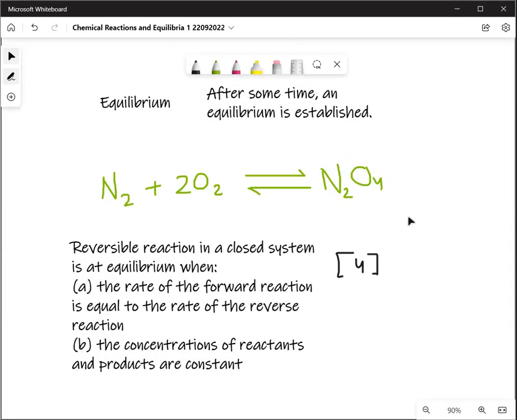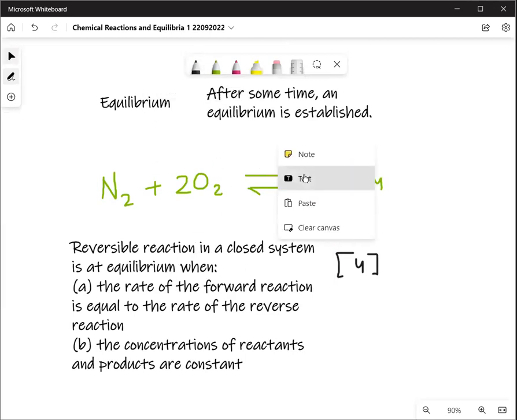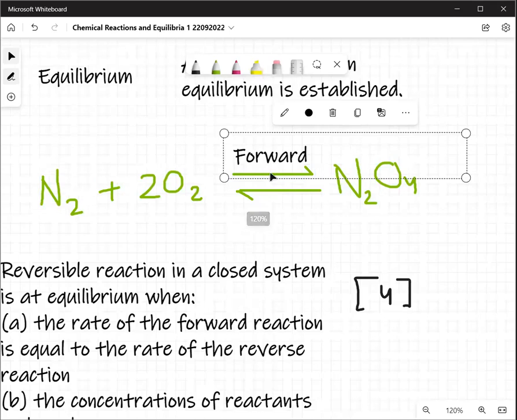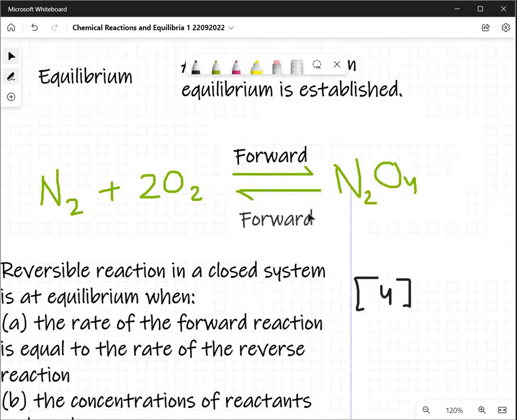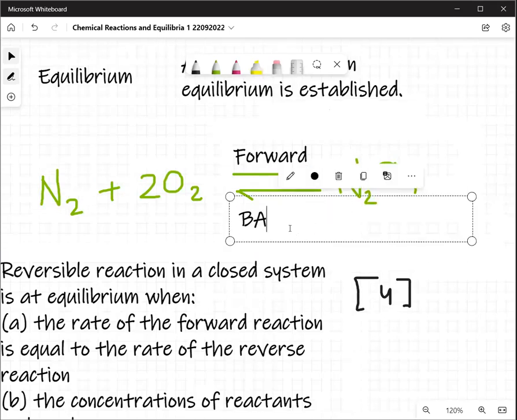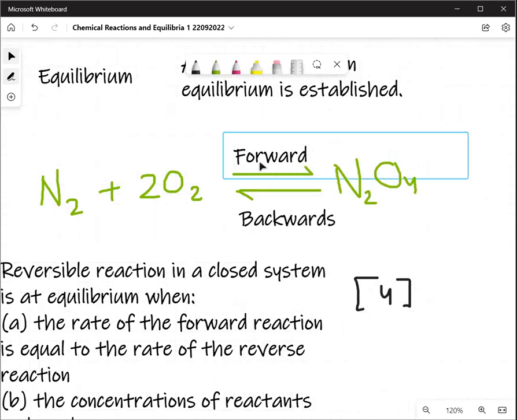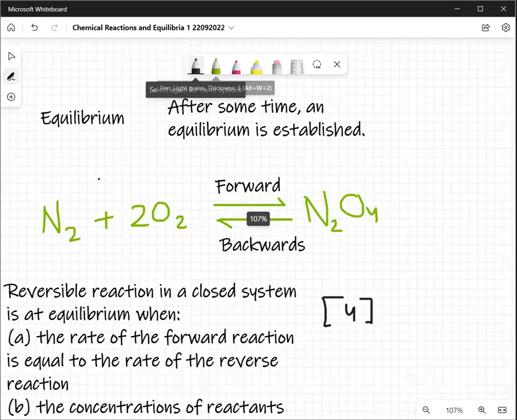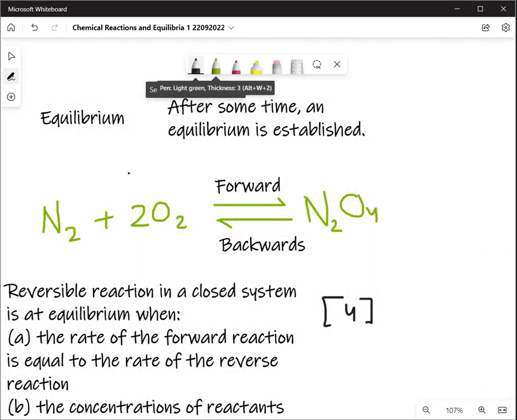Now, what I mean by equilibrium is that there are two kinds of reactions happening. First, we have a forward reaction, which is going forward. The up arrow tells us going forward, and the bottom one tells us going backwards. If you leave a reaction for some time, at the beginning, if you put a lot of reactants, then the forward reaction will be fast.